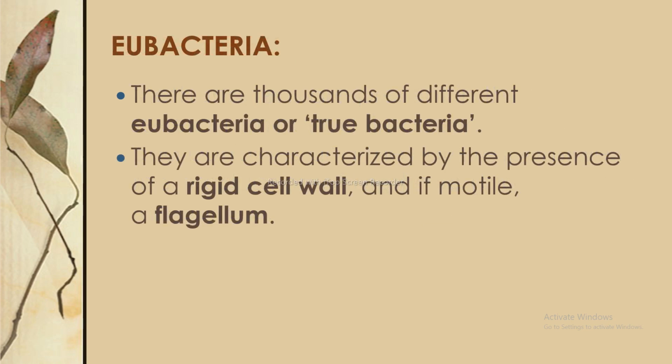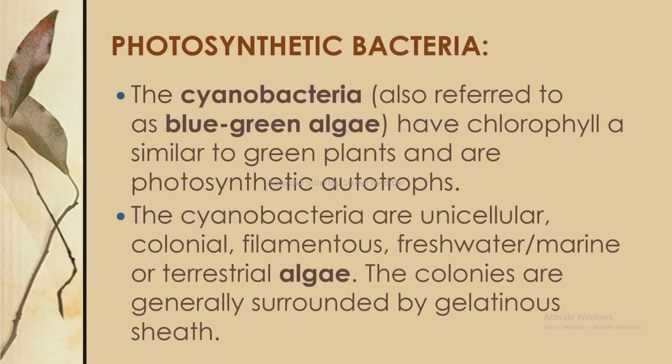Next is eubacteria. There are thousands of different eubacteria, or true bacteria. They are characterized by the presence of a rigid cell wall and, if motile, a flagellum. Next is photosynthetic bacteria. The cyanobacteria, also referred to as blue-green algae, have chlorophyll, are similar to green plants, and are photosynthetic autotrophs.